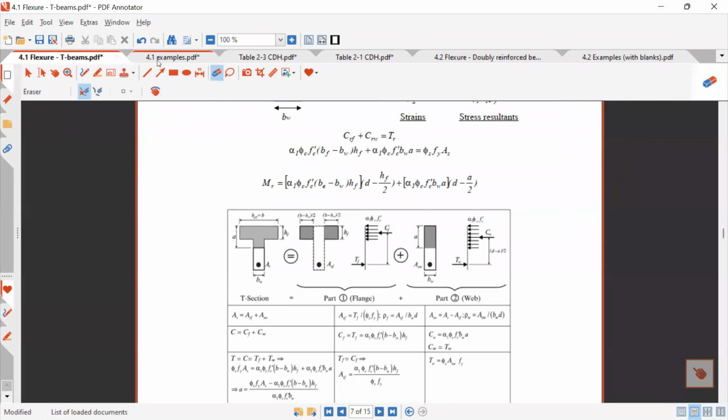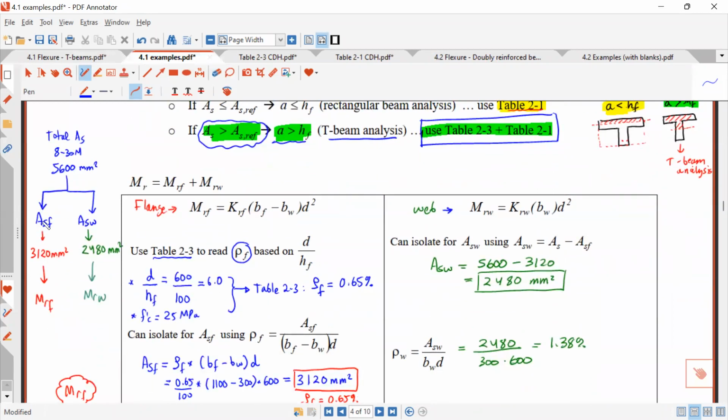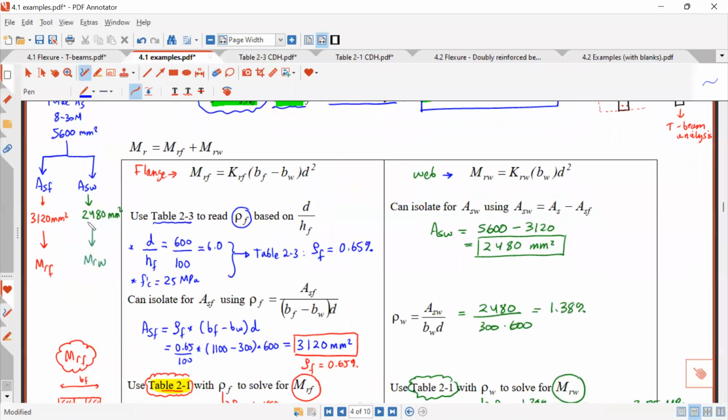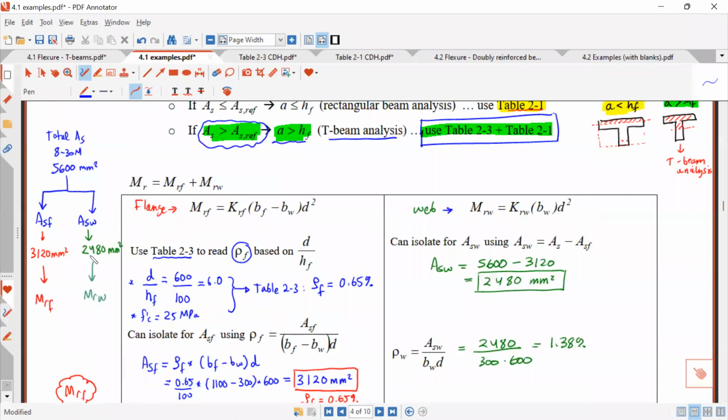In this method, when we're using this concrete design handbook table, we start with the total amount of steel and split it into two parts: ASF for the flange, and ASW for the web. This ASF part, I use it to get MRF, and this ASW part, I use it to get MRW. Not sure if that explains what I meant.